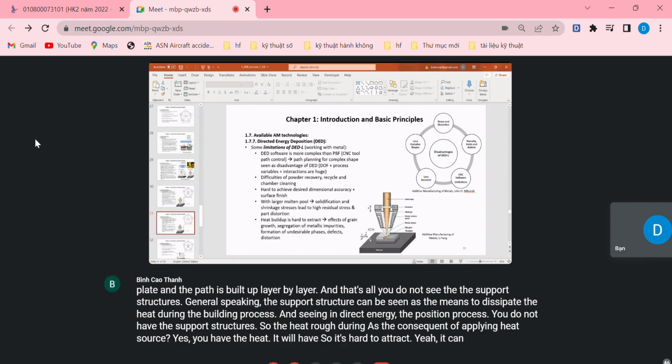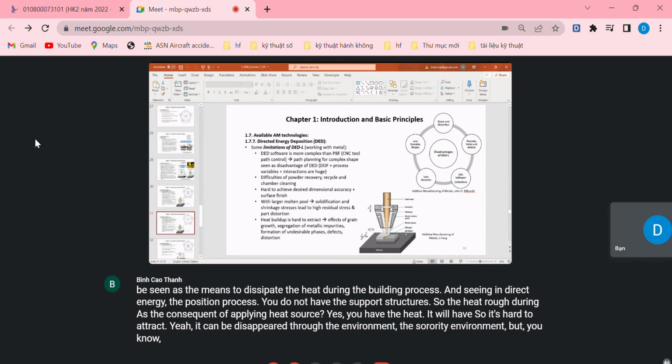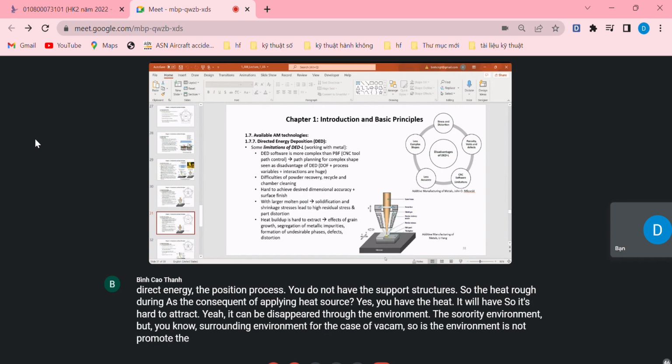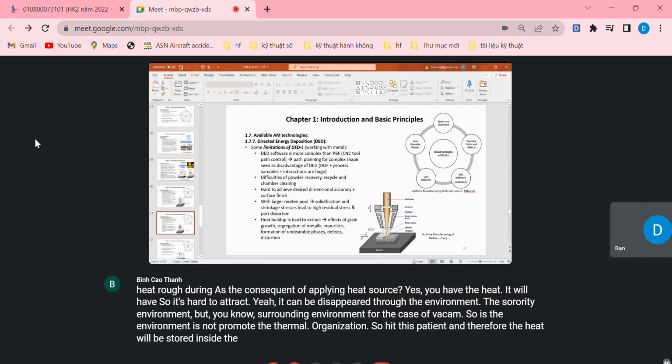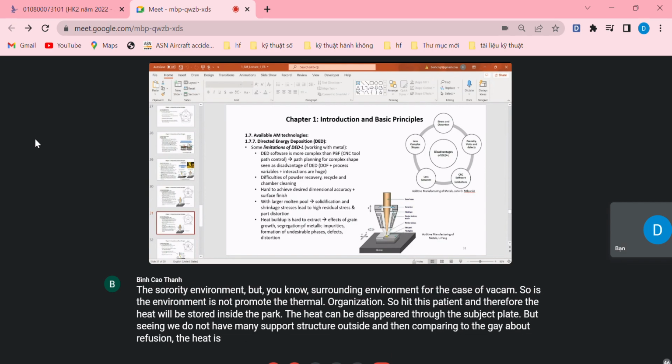It can be dissipated through the surrounding environment, but a vacuum environment does not promote heat dissipation, and therefore the heat will be stored inside the part. The heat can be dissipated through the substrate plate, but since we do not have many support structures outside, compared to powder bed fusion, the heat is harder to extract.